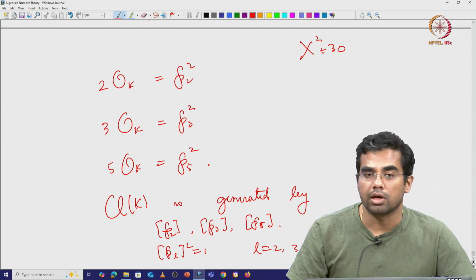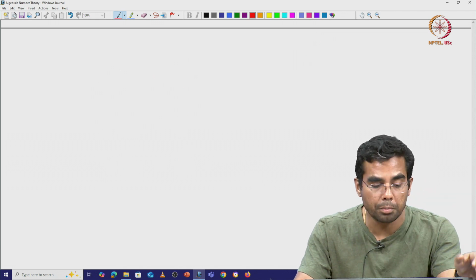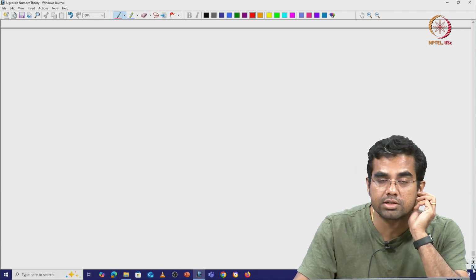So, they are all possibly of order 2, they could be of order 1, we do not know, and there could be relations amongst them as well.